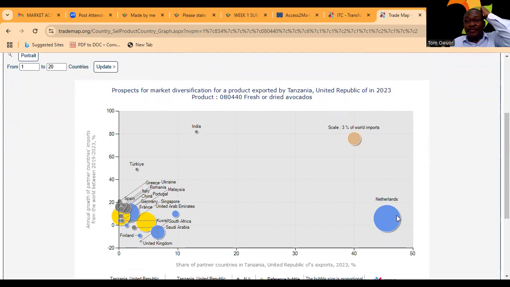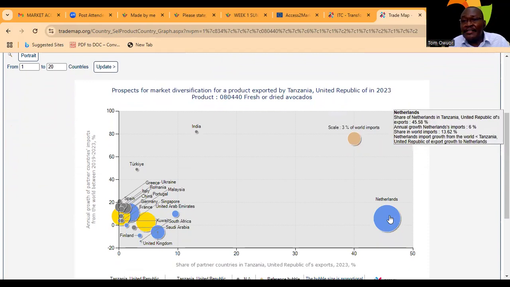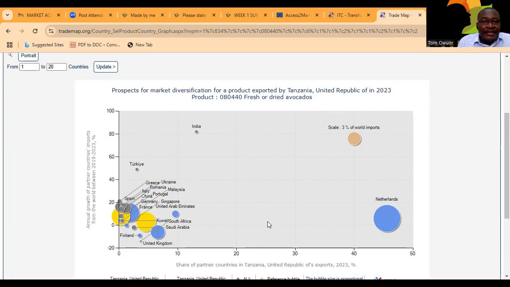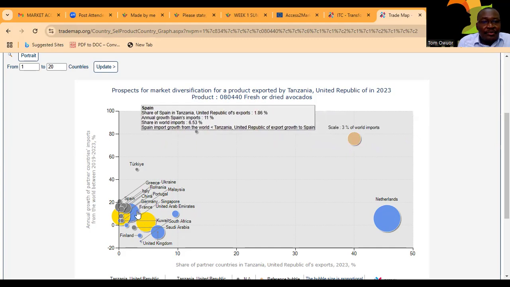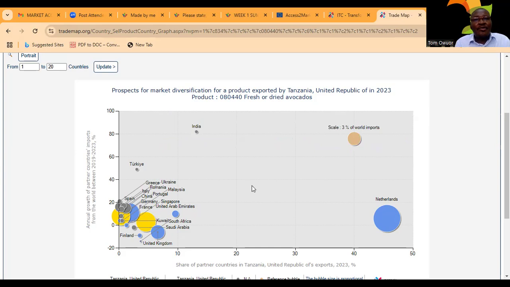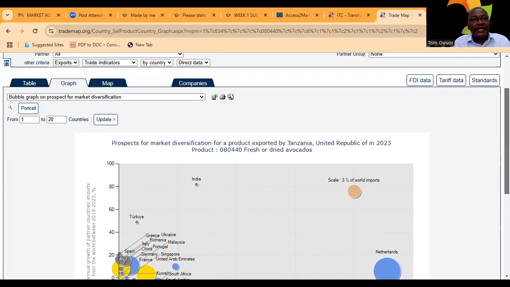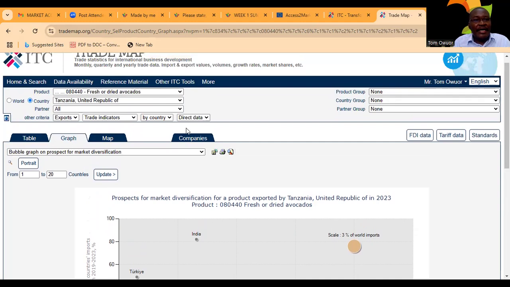Yes, so Tanzania exports quite a lot into Netherlands. If you can see the percentage figure up here, 45% of total avocado exports from Tanzania goes into Netherlands. Of course, it also exports to Saudi Arabia, Kuwait, France, China, Portugal, Romania, Malaysia, quite a number of countries that Tanzania supplies with avocados.